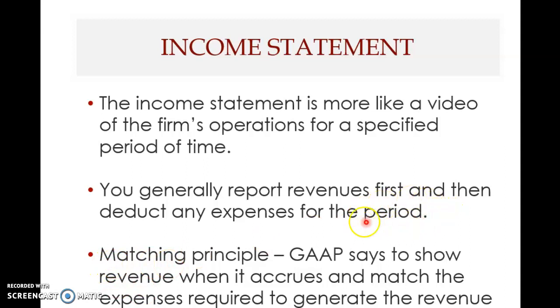First we define the period, usually 1 year, that particular year, from which date to which date. Then we recognize the revenue within that period, when it was earned or accrued, and then we try and match the expenses that we have incurred, in order to generate the revenue for that period. Now these expenses may not be incurred in that particular period. It may be before that period or even after. In very rare cases, it can be after.